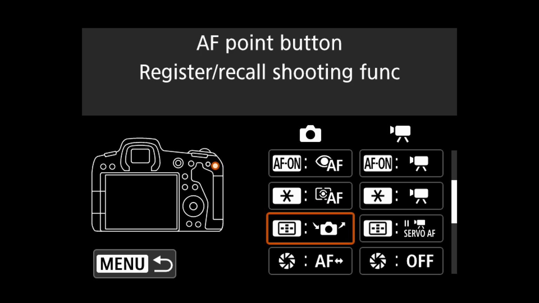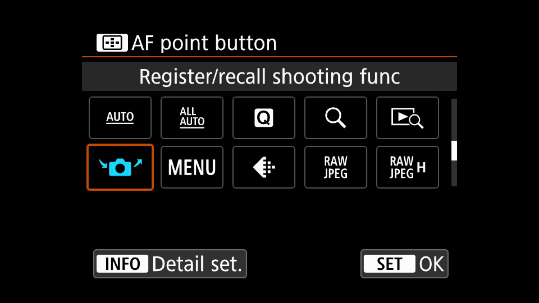You can do this for any of the three back buttons that can be used for autofocus initiation: the autofocus on button, the asterisk button, or the button I choose to use, which is the far right one on the back of the camera. Right now, if we go into the autofocus point select button, you can see it's set up for register and recall a shooting function.